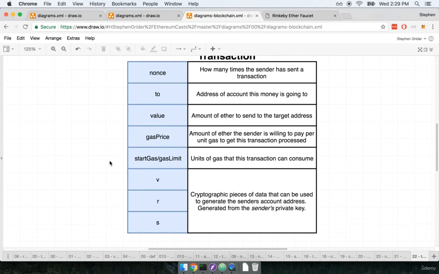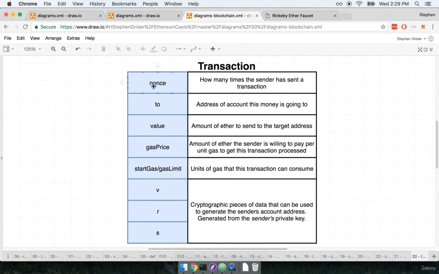Now, one of the more interesting pieces of the puzzle here are these last three properties. They are abbreviated as V, R, and S. So when we look at this transaction, I see nonce to value. I don't really see anything that seems to specify where this money is coming from.